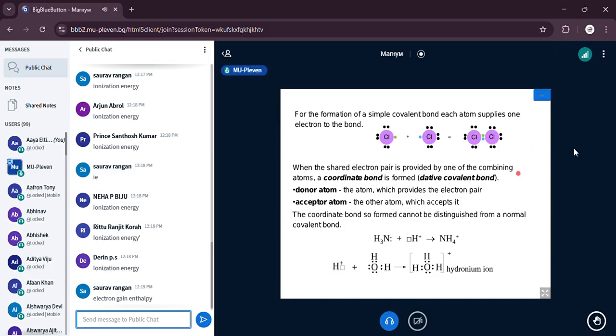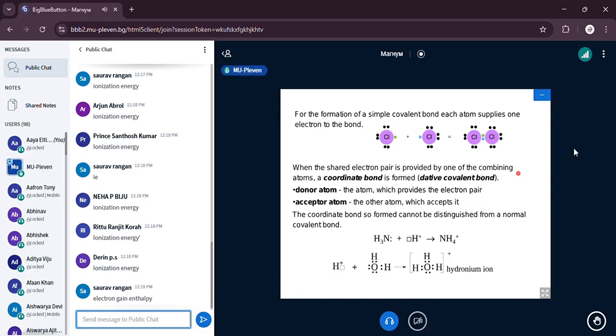But there is another type of covalent bonding, which is named dative or coordinate bond, in which one atom donates an electron pair and the other atom accepts this electron pair, accommodates the electrons of this electron pair, because the second atom contains a free atomic orbital.